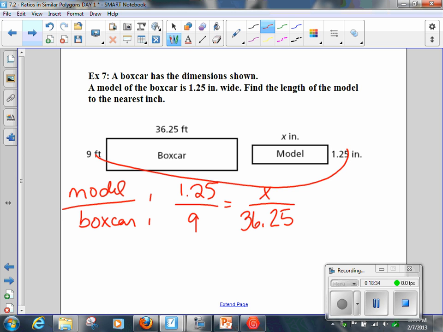Where do I have to start? On the right side, x over 36.25. Do you see that? When I cross multiply, I get 9x is equal to, whoo, big number. What's 1.25 times 36? Is that what you said? Divide both sides by 9.